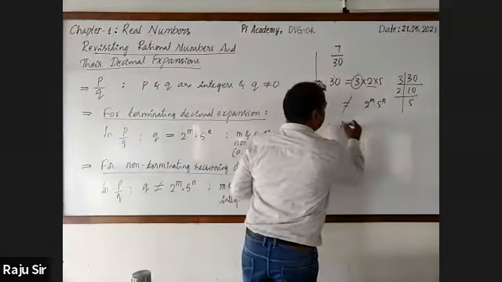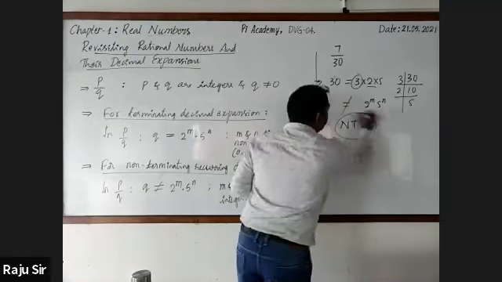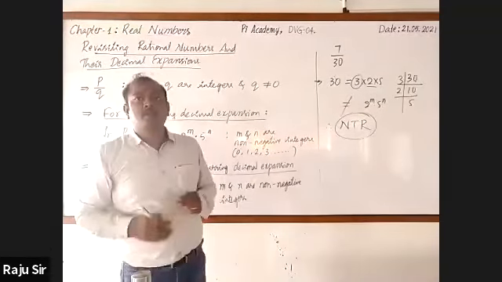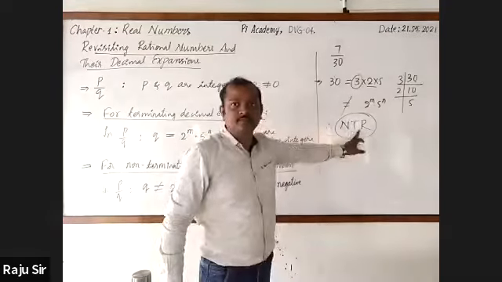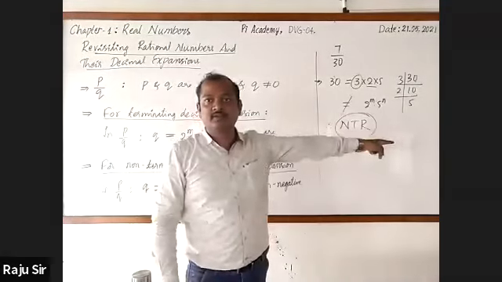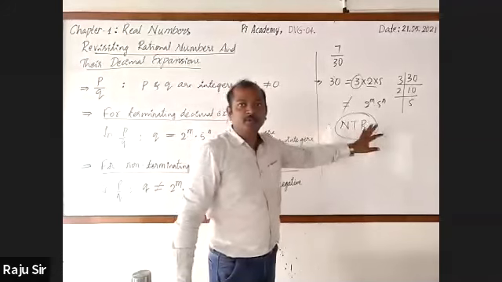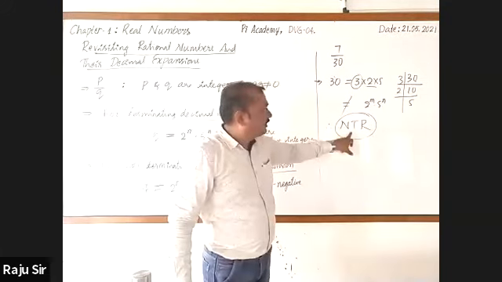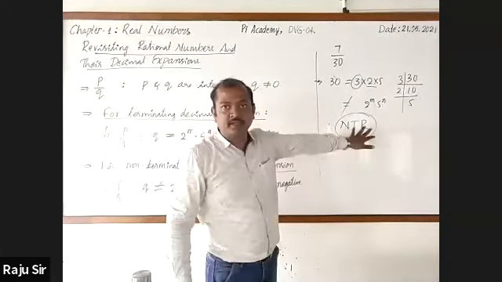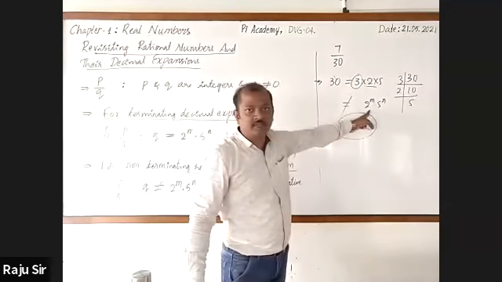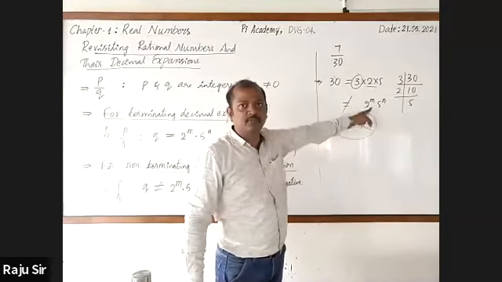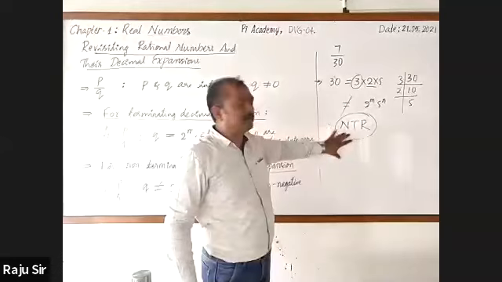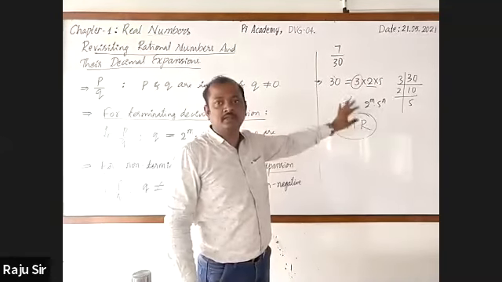Therefore, it is non-terminating recurring. But it should not be written in short form; simply I have written here NTR. If the denominator is not of the form 2 raised to the power m into 5 raised to the power n, then its decimal expansion is non-terminating recurring.